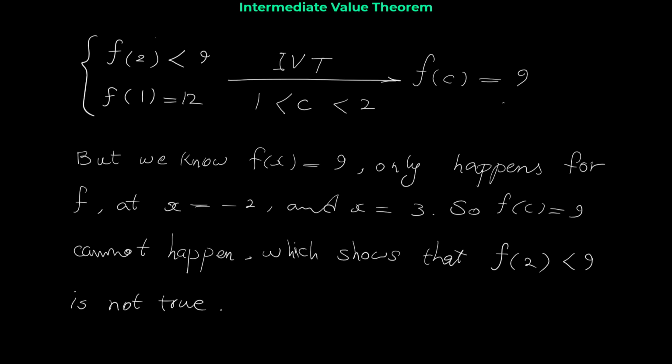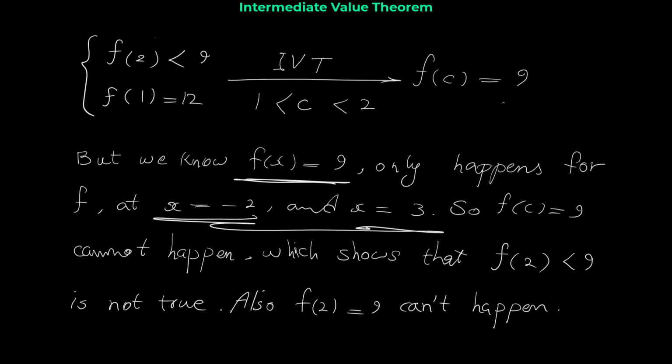Also attention, f of 2 equal 9 can't happen. Why? Again, because f of x equals 9 happens only at negative 2 and 3. So at 2 the function cannot be equal to 9. f of 2 cannot be less than 9.